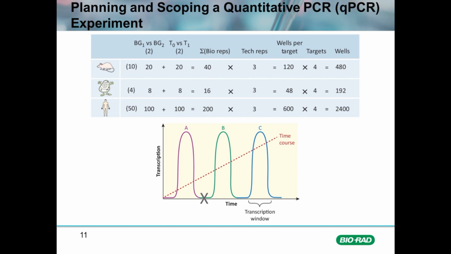Therefore, more biological replicates are required to increase the statistical power in an experiment and minimize variability. So in this particular case, we would need 2,400 wells for the same type of experiment because we need so many biological replicates, hence 24 plates.